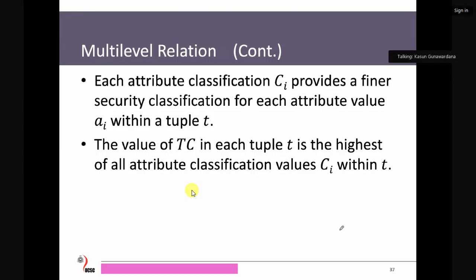Each attribute classification Ci provides a finer security classification for each attribute value Ai within a tuple T. The value of TC in each tuple T is the highest of all attribute classification values Ci within T.